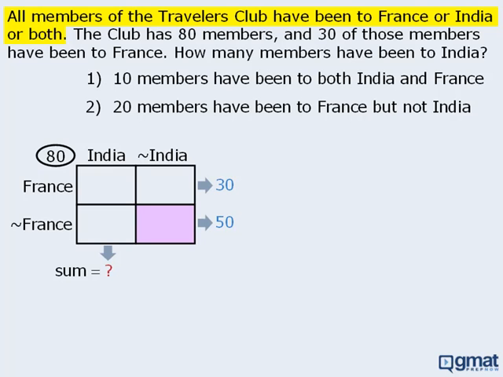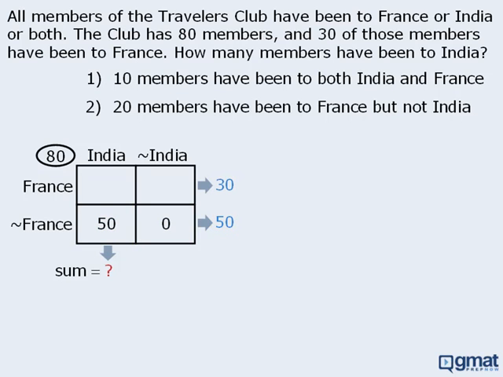Since every member has been to France or India or both, we know that there are no members who have been to neither France nor India. In other words, there are 0 members in this box. From here, we can see that since these two boxes must add to 50, this box must have 50 members.